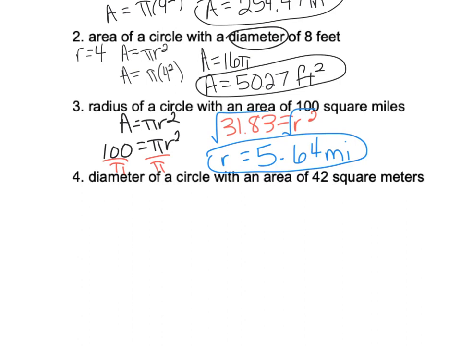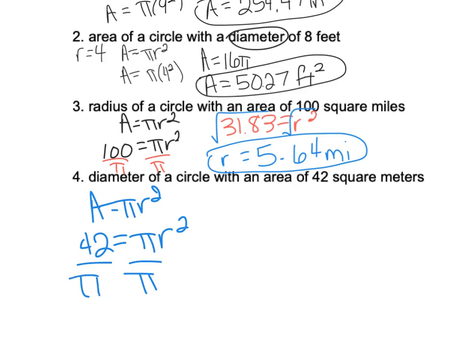Then we have the diameter of a circle with an area of 42 square meters. Well, the formula is area equals pi r squared. We don't have a formula for diameter, so we're going to have to do that last little bit at the end. The area is 42 equals pi r squared. We need to get r by itself, so I'm going to divide both sides by pi. 42 divided by pi is 13.37 equals r squared.